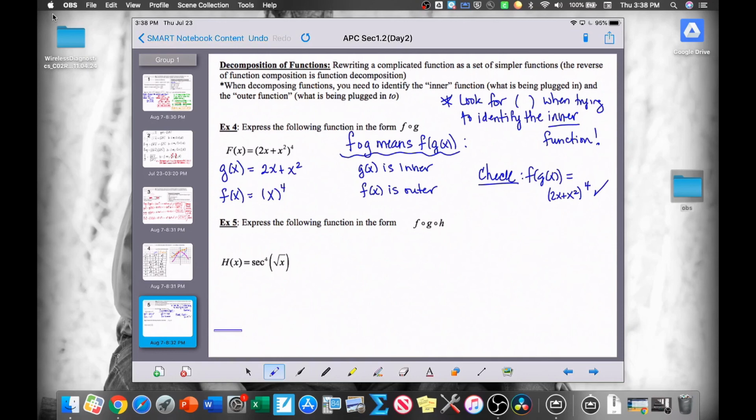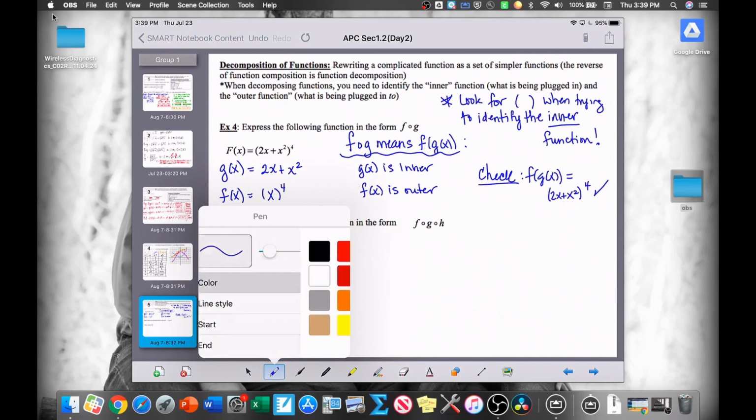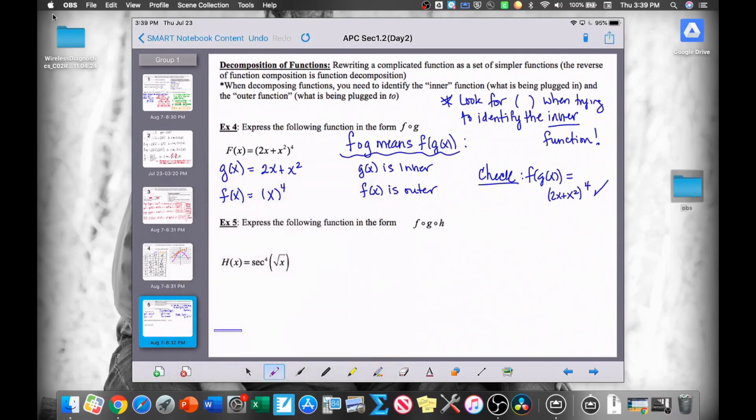Example 5 is a little bit trickier because they want us to express the following in the form f of g of h. Okay, so now we're composing 3 functions together. So let's talk about what this means. f of g of h means f of g of h of x.